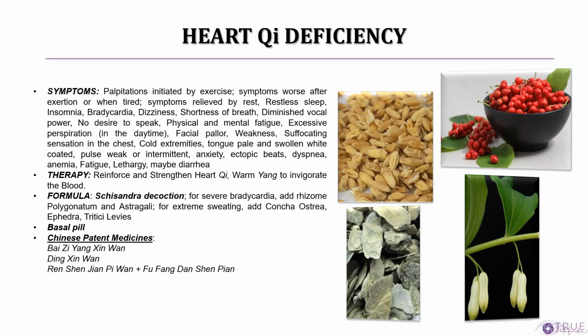For extreme sweating, we can also add concha ostrea, ephedra, and tritici levis. We can also use the so-called basal pills, and there are some patented medicines that you can also employ, such as Bai Xiang Xing Wan, Ding Xin Wan, and Ren Shen Jian Pi Wan plus Fu Fang Dan Shen Pian.